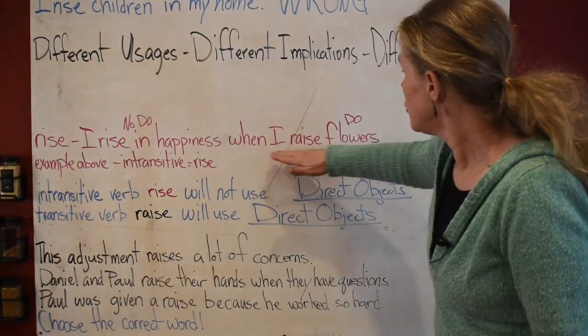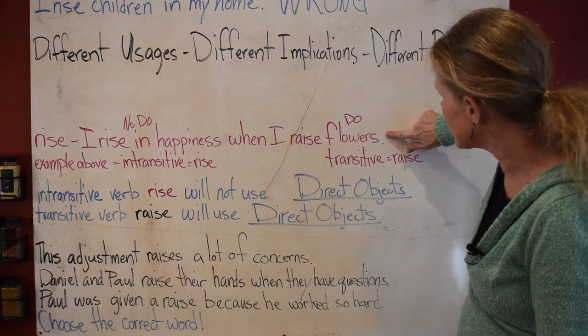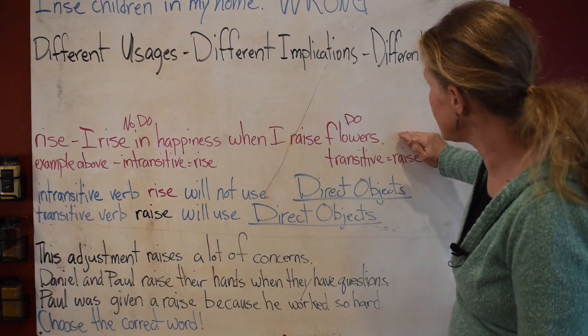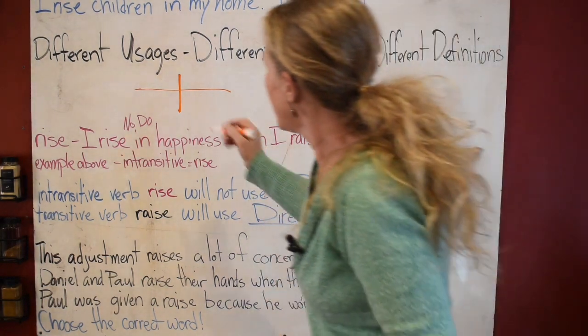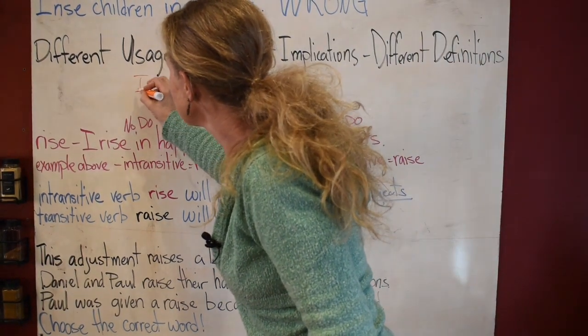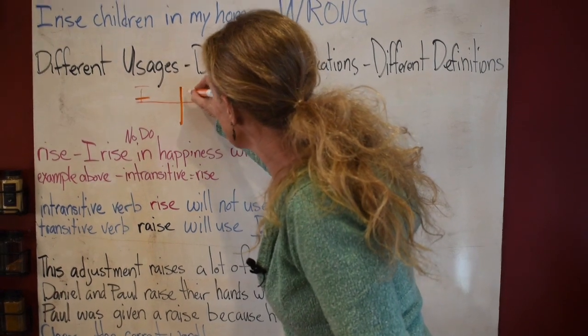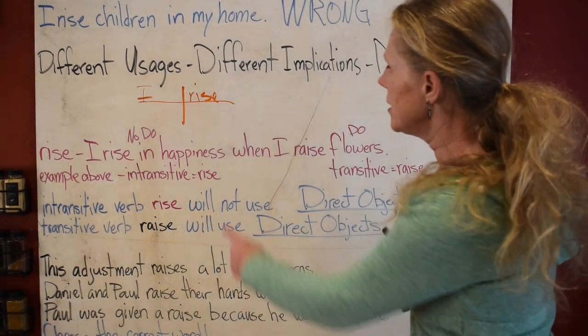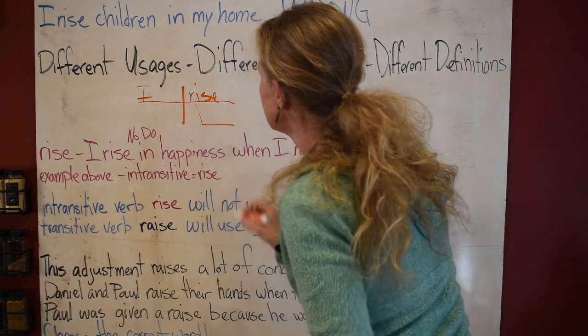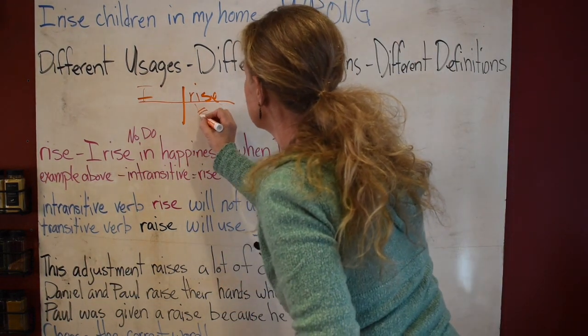So you raise them. See, look, it has a direct object. You're raising the flowers. If we're going to do our diagram right here, and you say I, and then you have rise. But in here, see how this, in happiness.